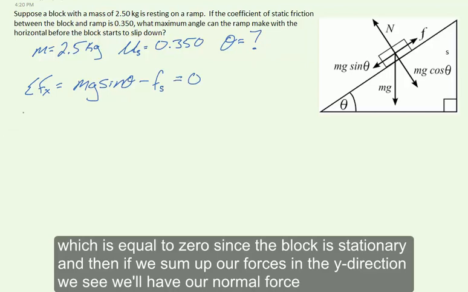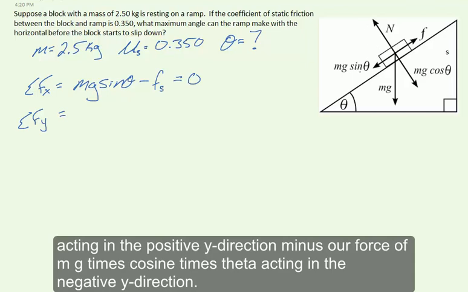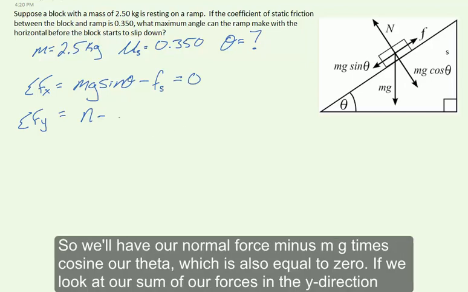Then if we sum up our forces in the y direction, we have our normal force acting in the positive y direction minus our force of mg times cosine theta acting in the negative y direction. So we'll have our normal force minus mg cosine theta, which is also equal to 0.